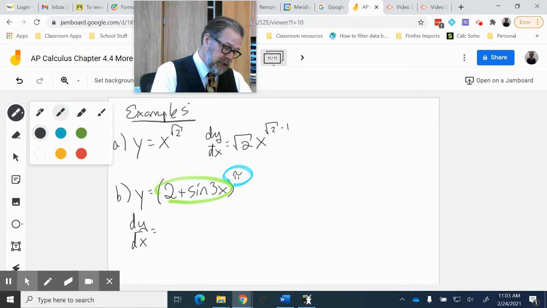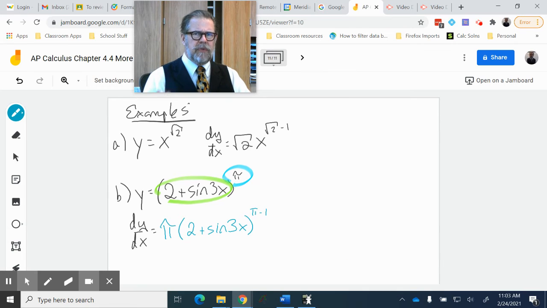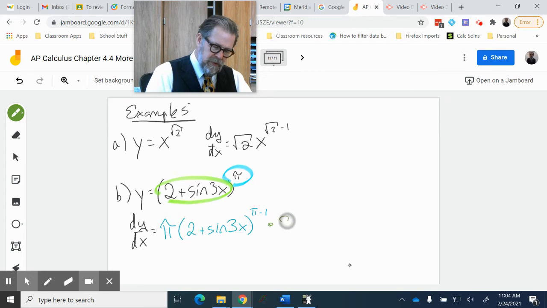So the initial step here is pi times 2 plus sine of 3x to the pi minus 1. And there's a temptation to forget the derivative of the inside, which is 3 cosine of 3x. And so there's your derivative.